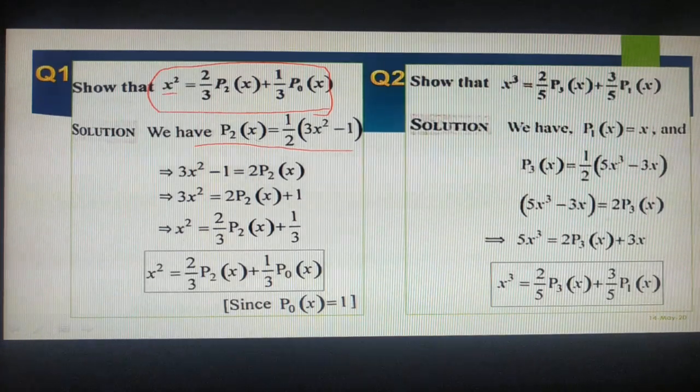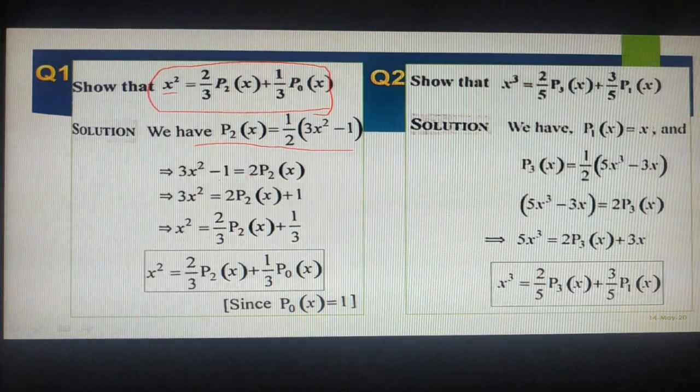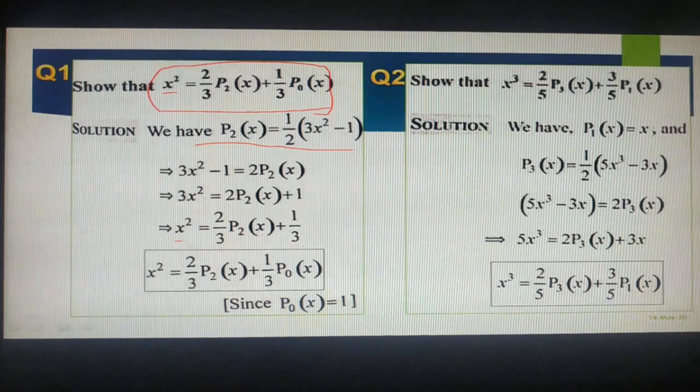So P2 of x, from Rodrigues' formula, is 1 by 2 times 3x square minus 1. This 2 goes to the other side, so 3x square minus 1 is equal to 2 P2 of x. We need only x square, so 3x square is equal to 2 P2 of x plus 1, and the 3 comes to this side: 2 by 3 P2 of x plus 1 by 3.